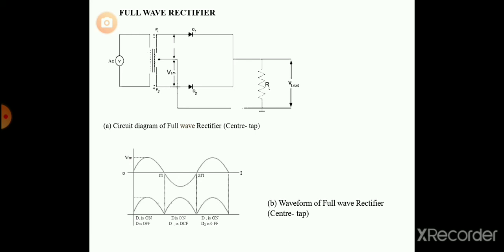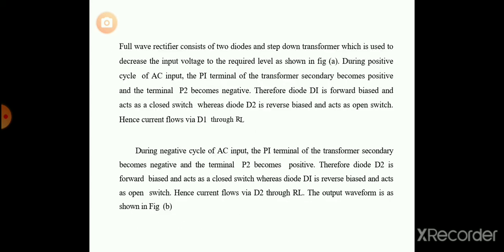During the negative half cycle it is the opposite: D1 is off and D2 is on, so the negative half cycle also conducts. The waveforms are shown in the figure below. A full wave rectifier consists of two diodes and a step down transformer, which is used to decrease the input voltage to the required level as shown in the figure.